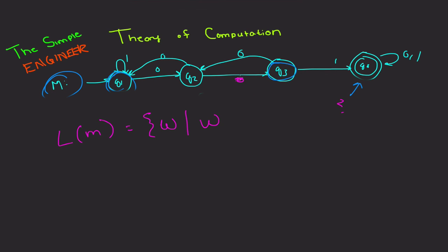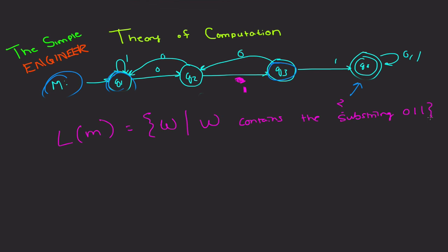Or actually, this is supposed to be a 1. So anytime it reads 0, 1, 1, if that substring exists within the string, then it's going to be accepted. So we can say W contains the substring 0, 1, 1.